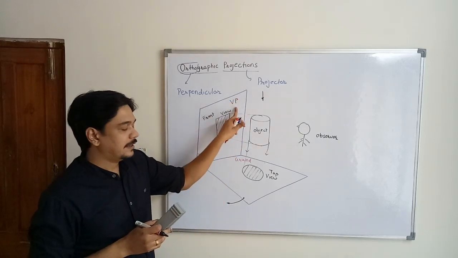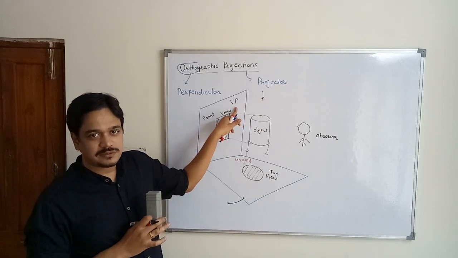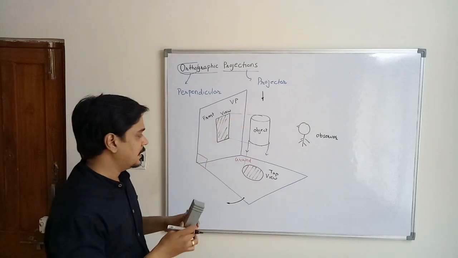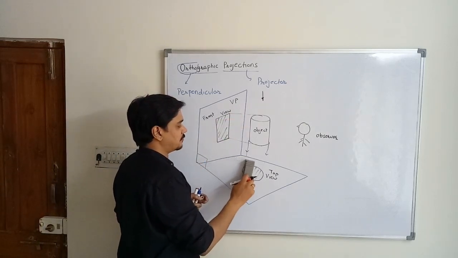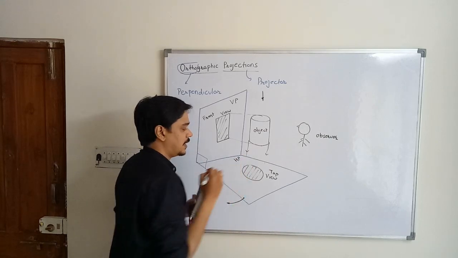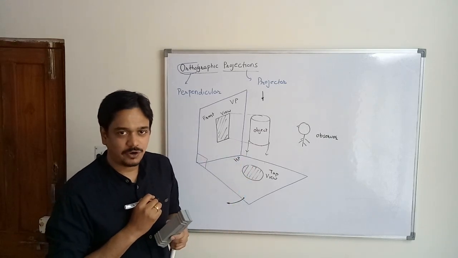So in technical terms, this wall is termed as a vertical plane, indicated by VP. Similarly, this ground surface is indicated by HP, representing horizontal surface.